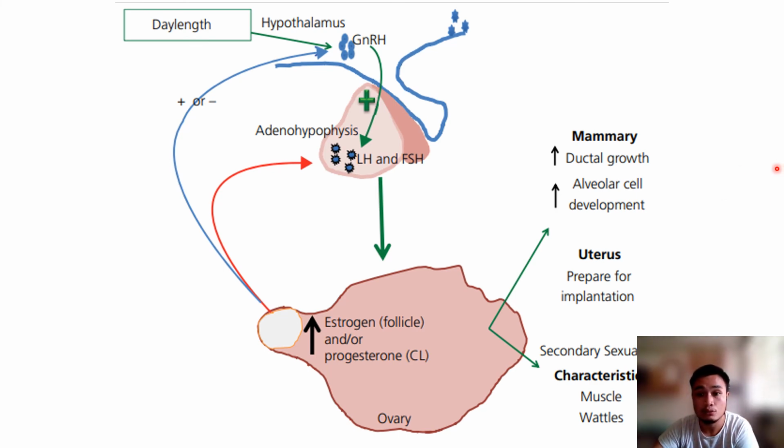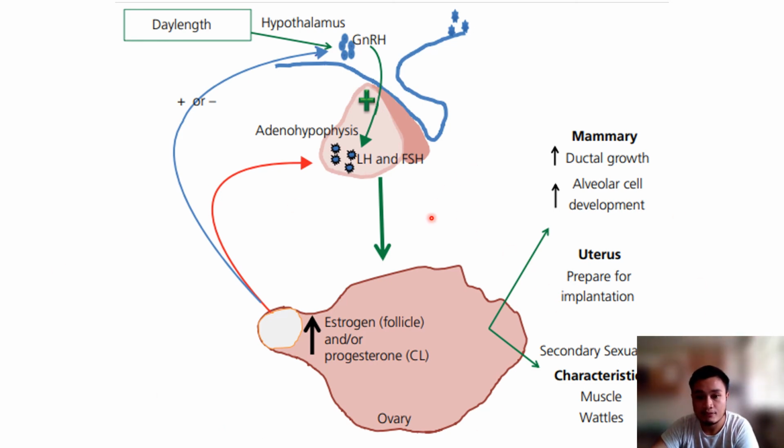But for now, I want you to acknowledge or realize that GnRH from the hypothalamus, as stimulated by daylight, for example, is the triggering point for the gonadotropes to release LH and FSH, for them to enable their actions in the reproductive system.